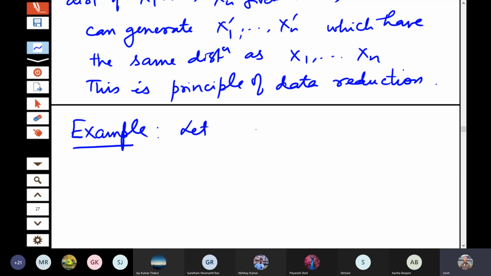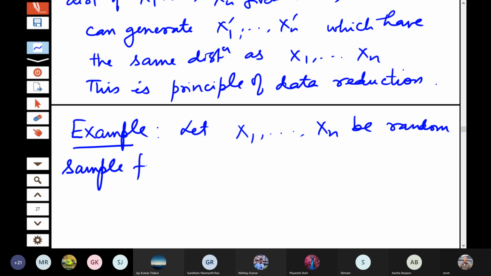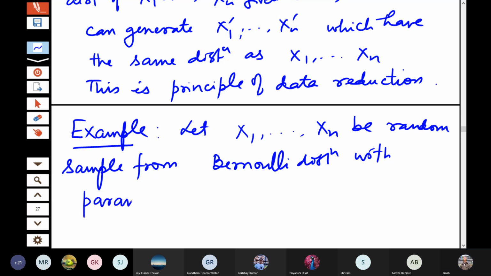Let me start with the simplest example. Let x1, x2, xn be a random sample from Bernoulli distribution with parameter p.